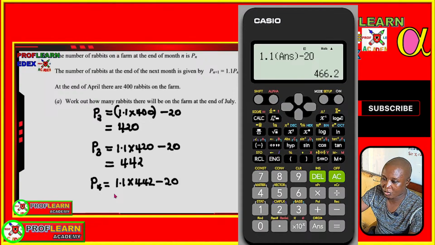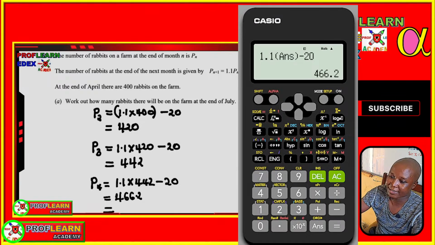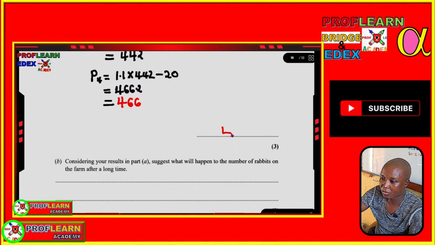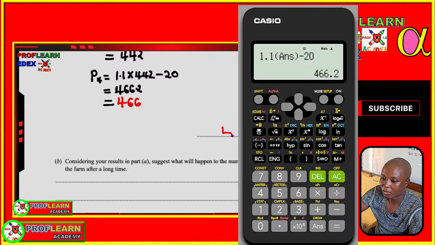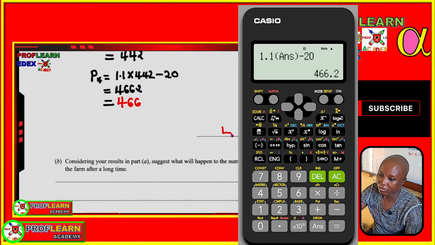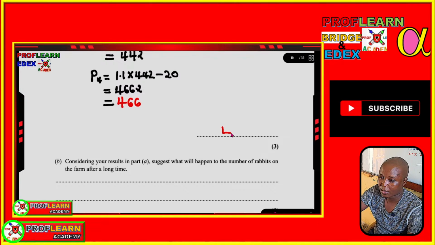In that case we can say that in the month of July we shall be having 466 rabbits, 466 rabbits in that month, right?